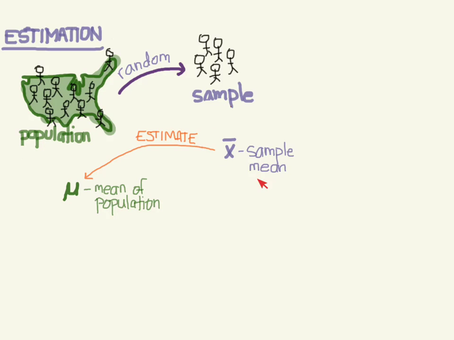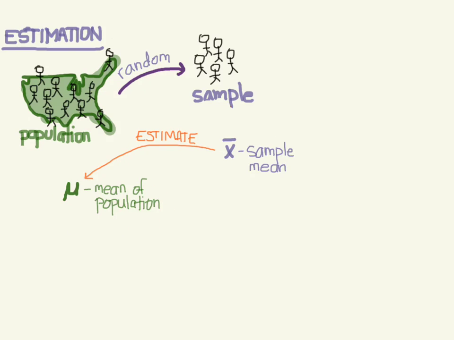Now we could have just as easily used something else as an estimate of the population mean. Maybe we would use the sample mode or the sample median. You'll remember from the previous videos that these are measures of central tendency. Now, some of these may be better estimators than others. So typically we're going to use the sample mean to estimate the mean of the population.